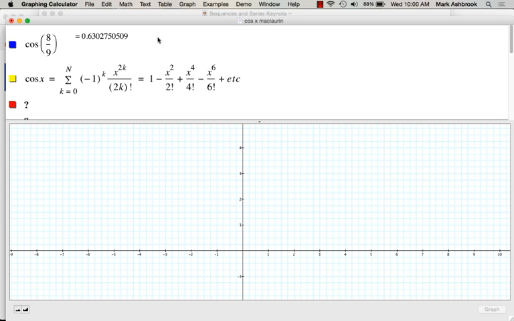It's going to be some kind of approximating process like the Maclaurin series that we just found. If I want an approximation of cosine of 8/9 using that Maclaurin series, how am I going to do that? What do I do?